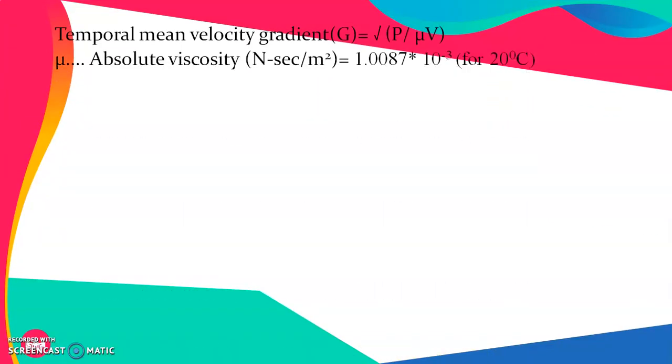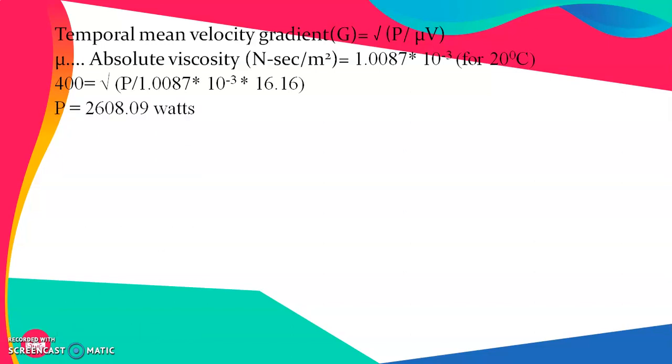Now the temporal mean velocity gradient equals under root P upon mu V. Absolute viscosity for 20 degrees Celsius is in a range of 1.0087 into 10 raised to minus 3 Newton second per meter square. So assuming this, we can calculate the value of P by putting everything into the equation.